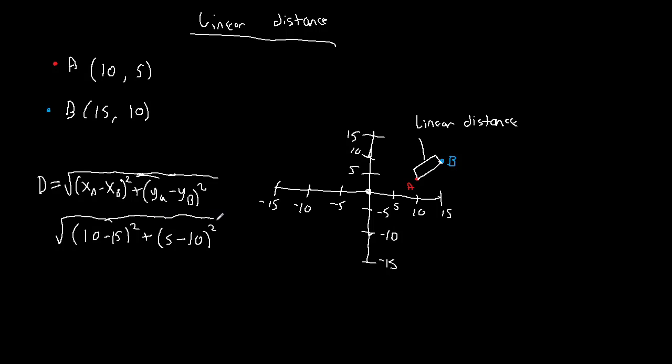Take the square root of that, right? So this is going to be negative 5 squared, which is 25. This is also going to be negative 5 squared, which is 25. Take the square root. So we have 25 plus 25. That's going to be the square root of 50.